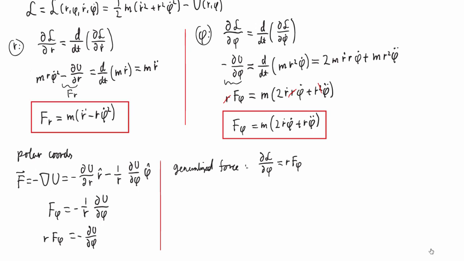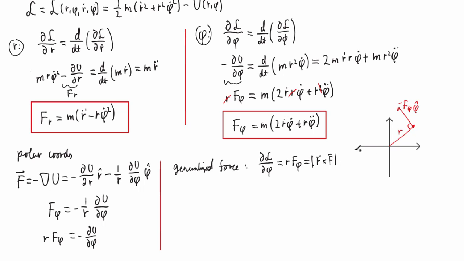So let's draw a little picture here. This is r, and this is the direction of f sub phi, phi hat, well, actually minus that, and this is a right angle. So actually, this turns out to be equal to the magnitude of r cross f.